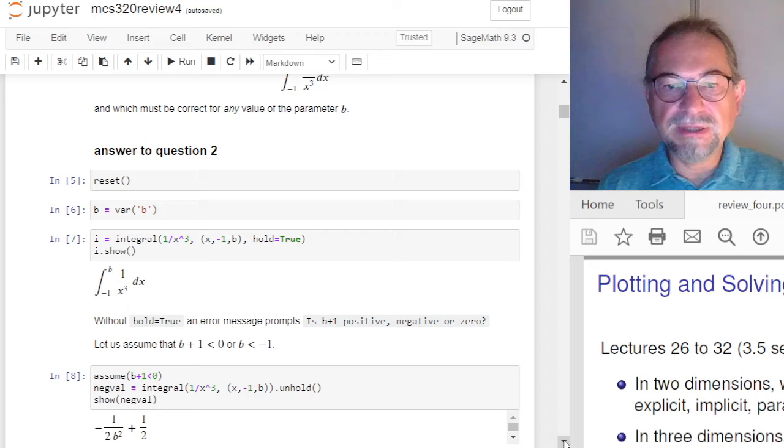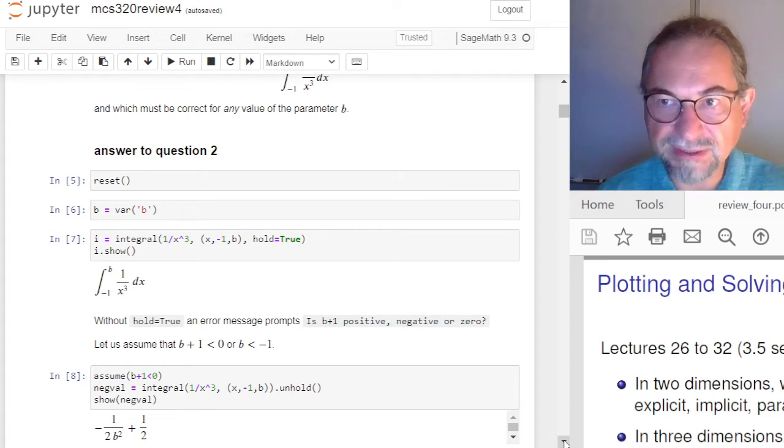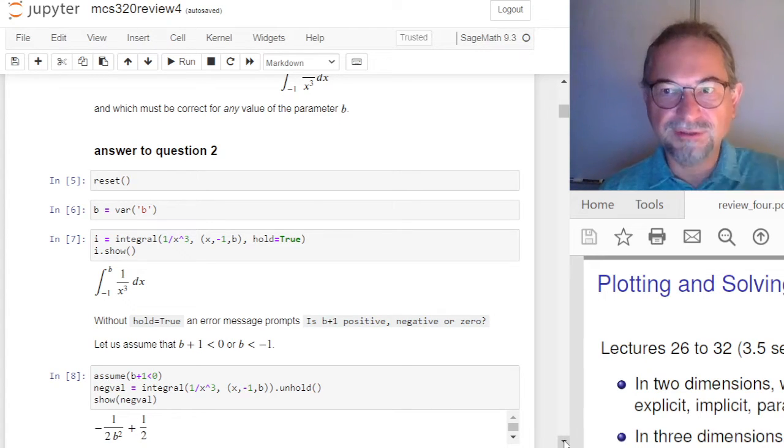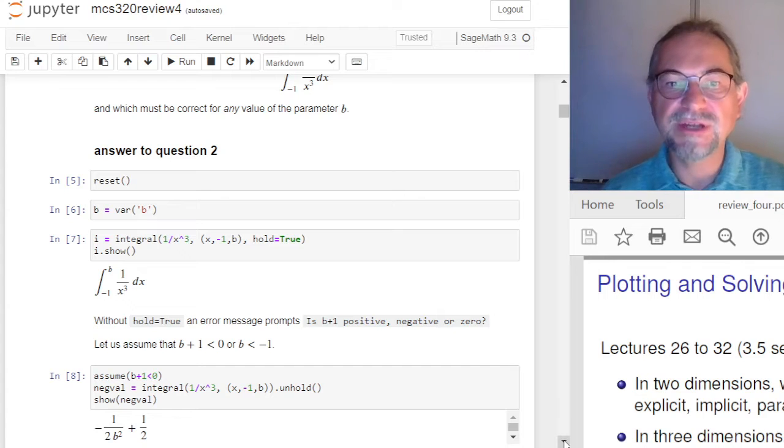So if the b is less than -1, actually, okay, I'm sorry, I made a mistake. If the b is less than -1, then actually you flip the sign, so we can work with negative areas. So here you see the negative b less than -1. Yeah, and that's the first answer.